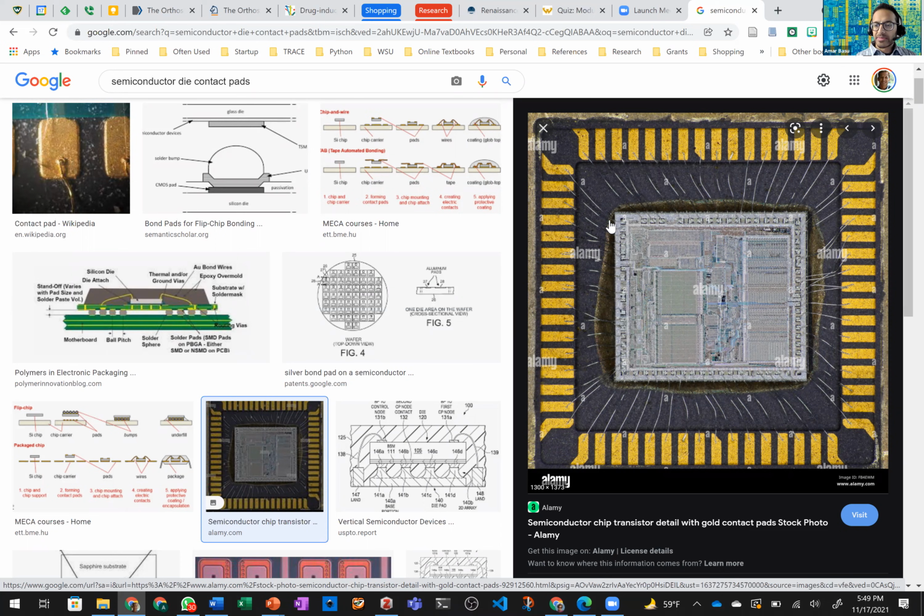The way contact is usually made is you have the die, which is a very small chip, usually only a few millimeters by a few millimeters, and then you have these electric contact pads all around the outside. Sometimes they're arranged in a two-dimensional grid, and a lot of modern semiconductor dies have that. Then there are little wires that connect these little contact pads to a larger contact pad, and these larger contact pads are then connected to your printed circuit board.